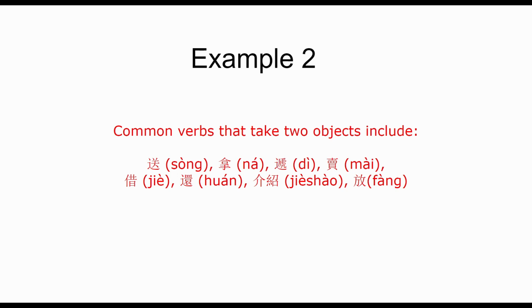So they will become 送给, 拿给, 递给, 卖给, 借给, 还给 and 介绍给. And what about 放? 放, you will use 在 for in, on, at. Okay, cool. So it's 放在, to put something in, on, or at somewhere. Correct.